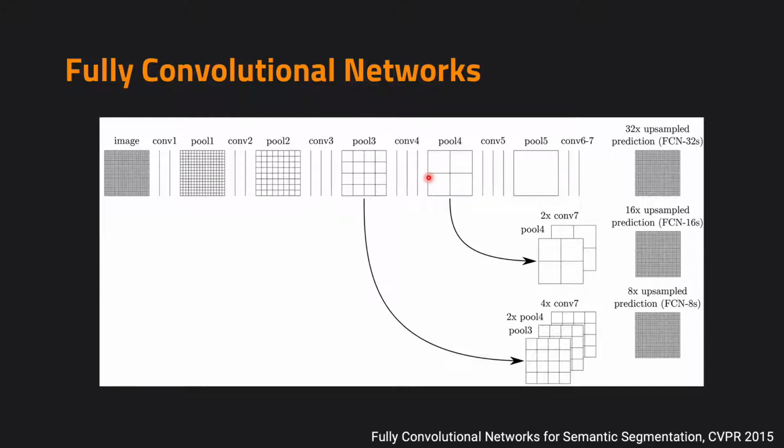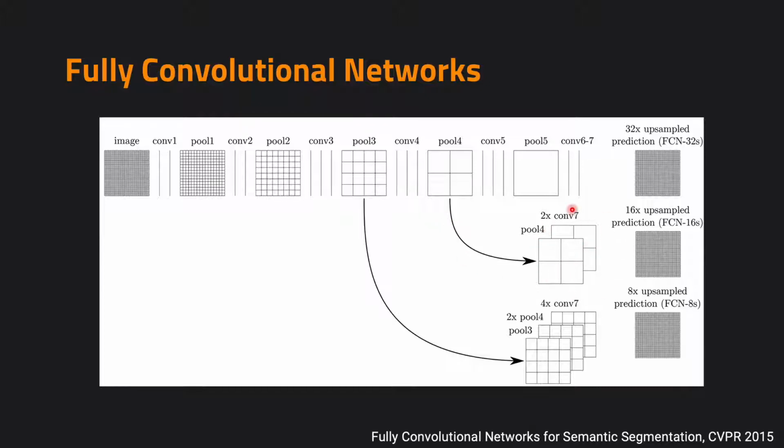with a lower level layer, which has higher resolution, but probably weaker semantic meaning because it is a shallower layer. But when we combine them together, we can get higher resolution, and at the same time we can get information at a deep level, and we can keep doing this upsampling.